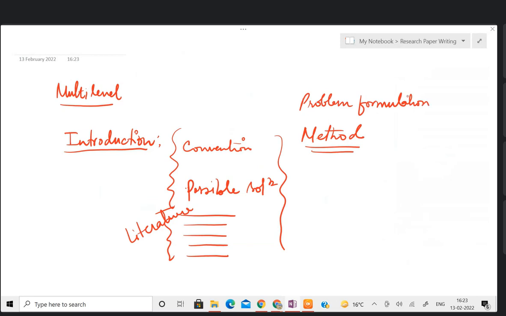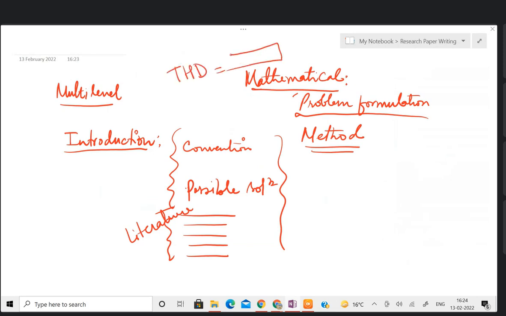In problem formulation, you have to reduce the problem to some mathematical form. So how can you do that? We can write down the THD expression. It has some mathematical form. Then work on how to reduce that THD.